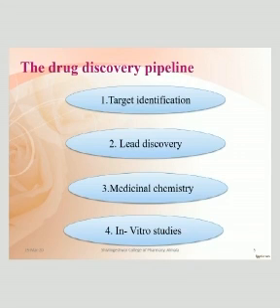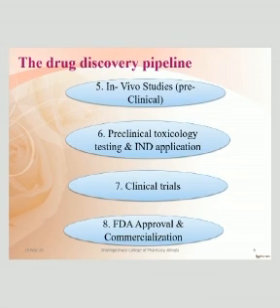Next one is the in vitro studies. In vitro studies investigate the drug affinity toward its target and selectivity. Next one is the in vivo studies. It is also called the preclinical study. Once the lead compound has been optimized and characterized to an acceptable level, in vivo studies are undertaken.